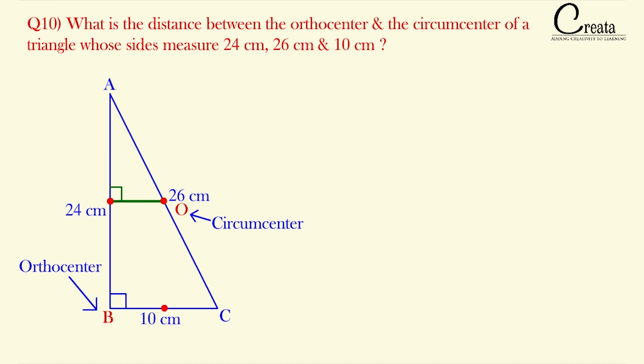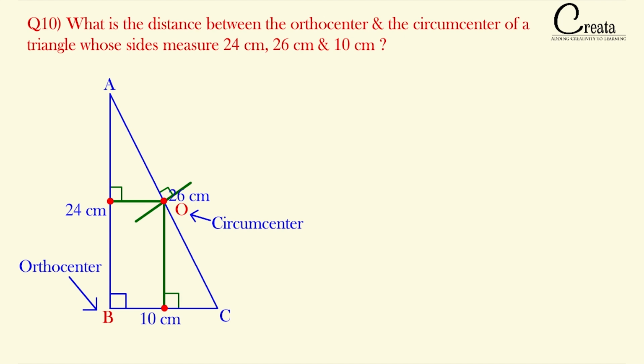This is the perpendicular bisector. It is starting from the midpoint of AB and it is perpendicular to the side AB. Similarly, this line segment is the perpendicular bisector from the side BC. Further, from the side AC, this line segment is the perpendicular bisector.